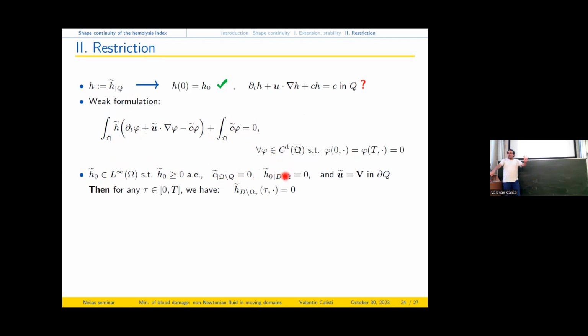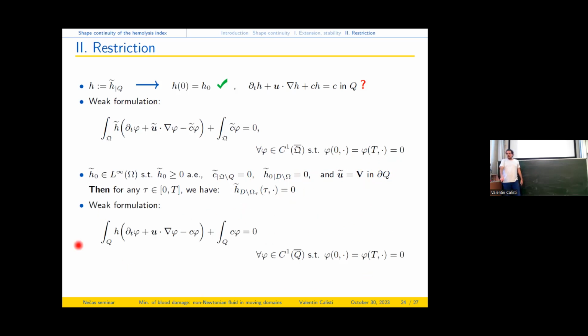And if the initial term is equal to 0 outside of the moving domain, and also of course, this extension on the boundary of the moving domain is really important. If you don't have it, you have no chance to have what you need. Then the extended hemolysis solution will be equal to 0 outside of the domain. So finally, you can rewrite the weak formulation like this, and you show that the limit is indeed the solution of what you were looking for.